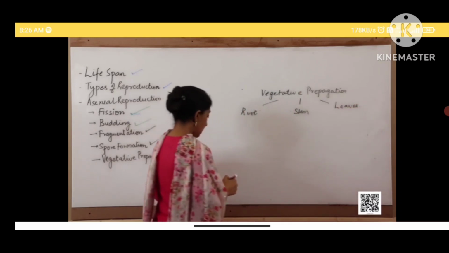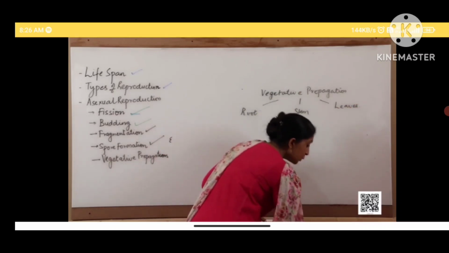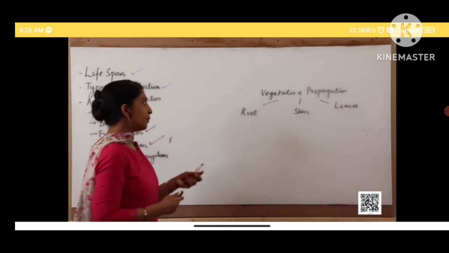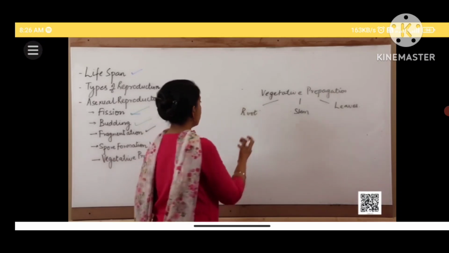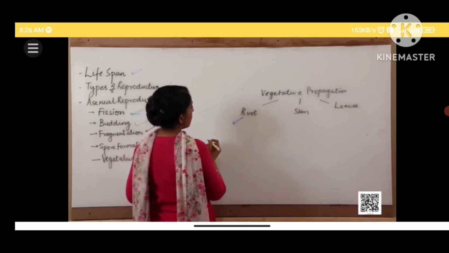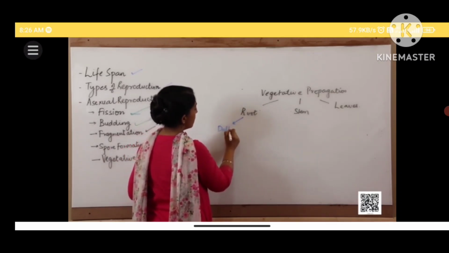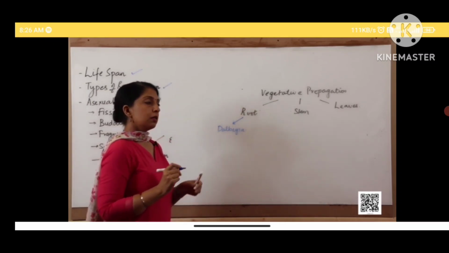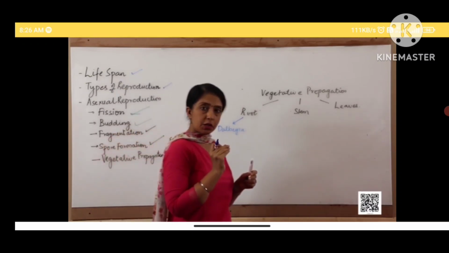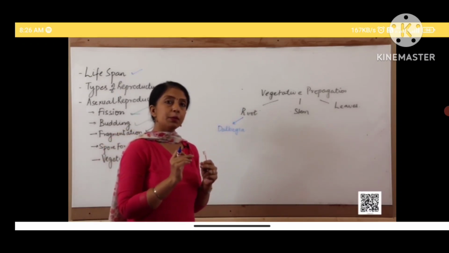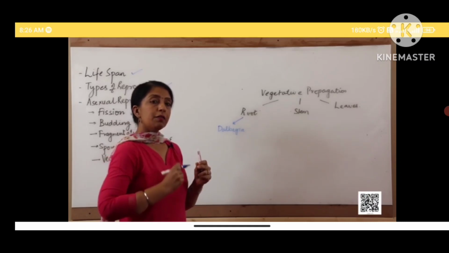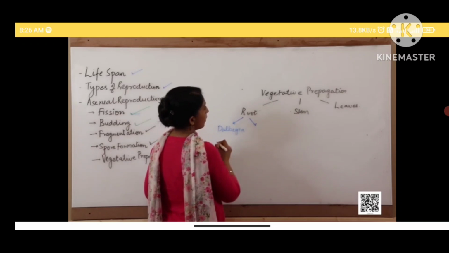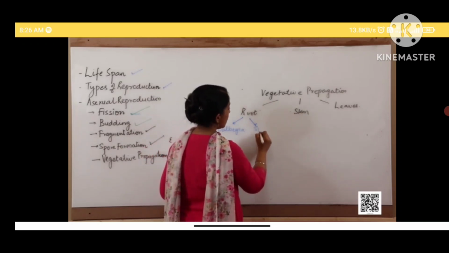Depending upon which part of the plant acts as a propagule, different plants have different modes of vegetative propagation. For the roots, we can take the example of Dalbergia or Shisham plant. In this, the roots develop certain adventitious buds, and then these adventitious buds give rise to a new plant. This kind of vegetative propagation is also seen in sweet potato.